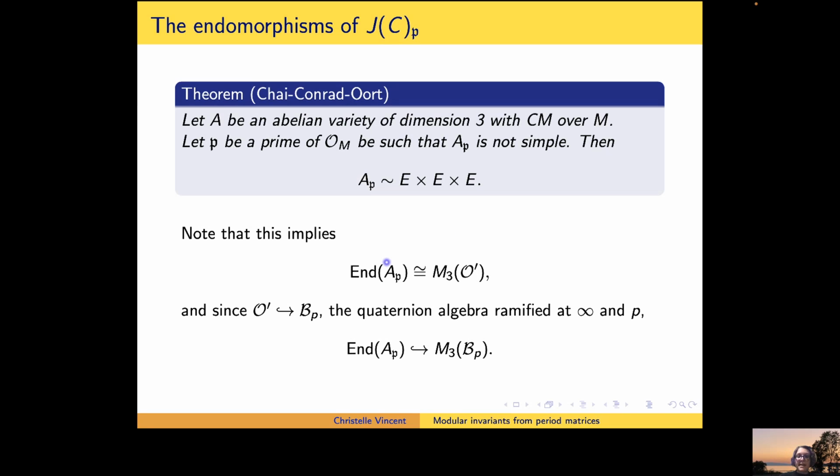It means that the endomorphism ring of the Jacobian mod P is isomorphic to 3x3 matrices with entries in some quaternion algebra, because that's the endomorphism ring of E, and a product of 3 elliptic curves has endomorphism ring the 3x3 matrices over that endomorphism ring. So in particular, we get an embedding of the endomorphism ring of the reduced variety into 3x3 matrices with entries in a quaternion algebra.